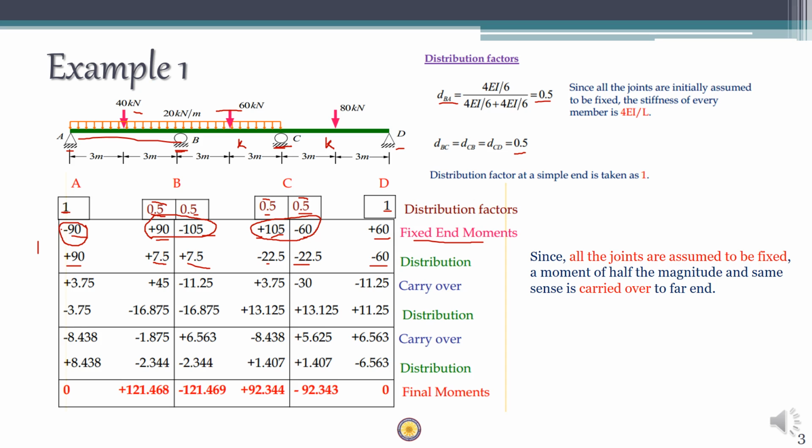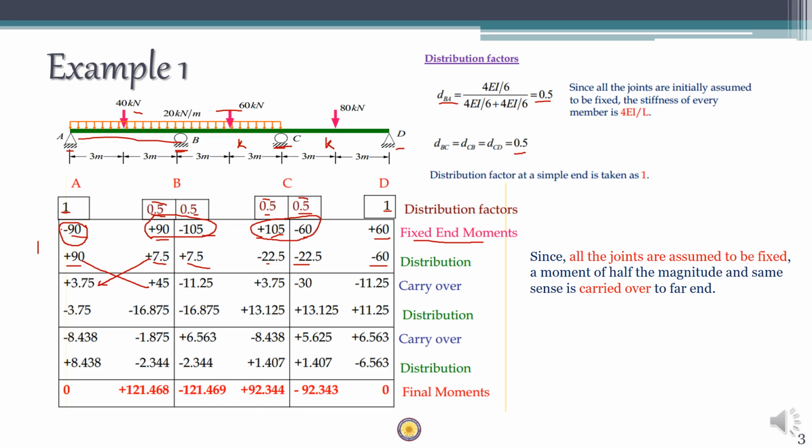Okay, so once the distribution is completed, the next step is to do the carryover. Here we have assumed that all the joints are fixed, which means that half of the moment will be carried over to the far end. So half of 90 will be carried over to the far end, half of 7.5 will be carried over to here, because all the joints are essentially fixed end.